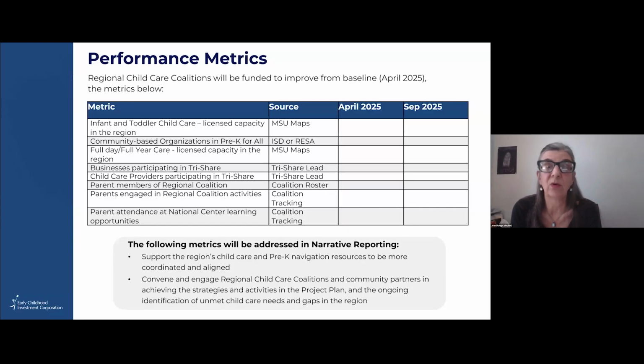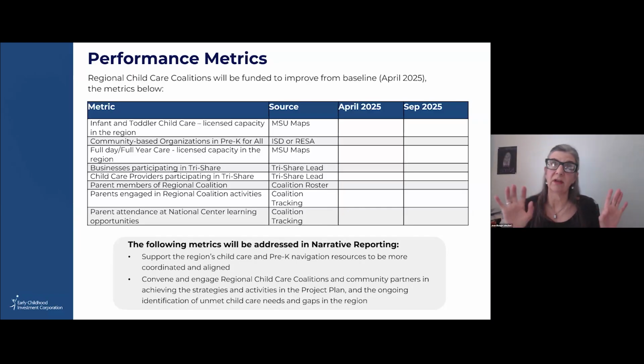And then, what does it look like in your region? What are those unmet needs and gaps that, despite the planning work, despite the work that you'll be doing potentially as a funded applicant going forward, still need to be addressed?